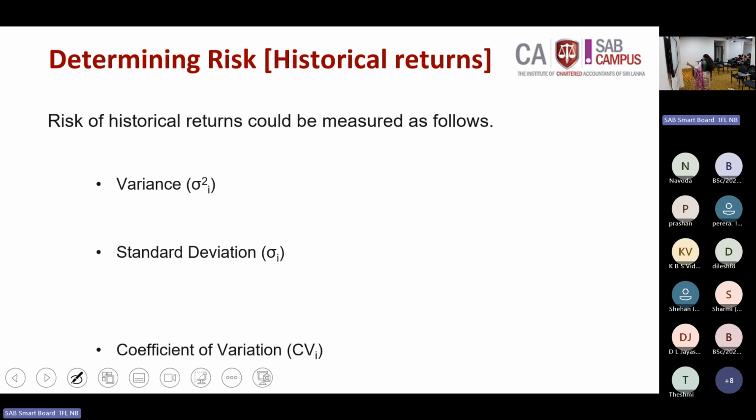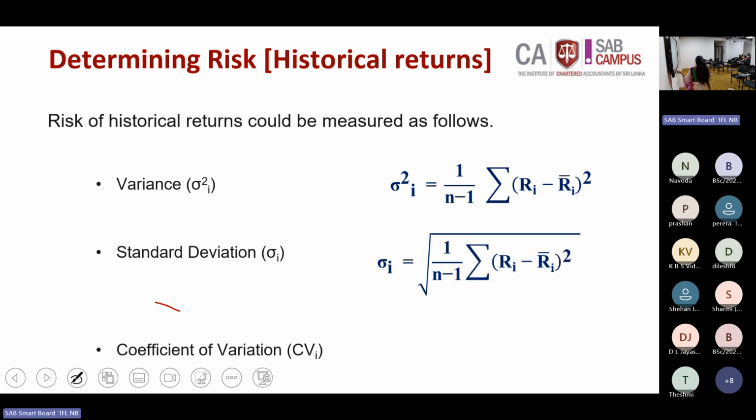Therefore, risk is calculated with the standard deviation, right? Before moving to the calculation of standard deviation, what you need to identify, Hassan, is the variance between the real income that you are receiving and the expected return of the investor. That is how you can identify the variation. Then risk.